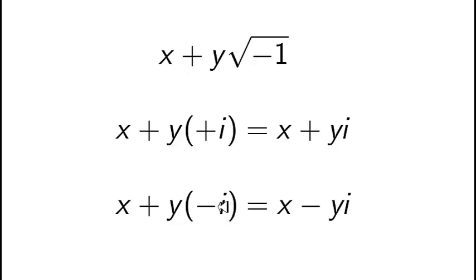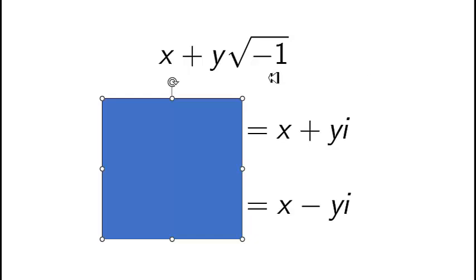I think that some people get confused because if you don't write this part here, let me just hide that. I'm going to hide this for now. If you only saw this here, you might get the false impression that this is the square root of negative 1, because the i is beside the y, and the i is beside the y, that you might think that i is equal to the square root of negative 1.